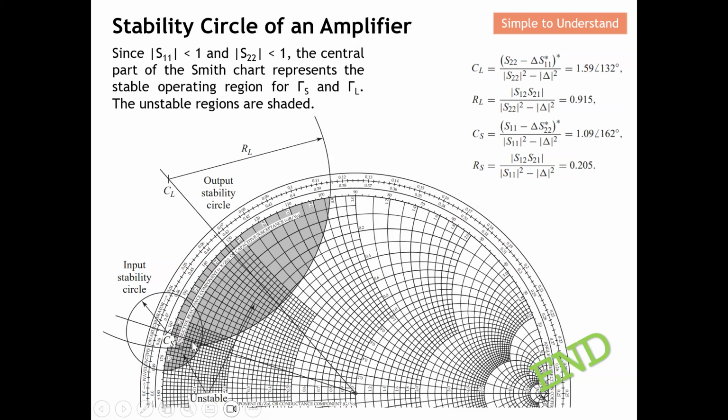So this zone will be unstable for the output stability circle. As for the input stability circle, again, this part here where you draw will be unstable. So I make use of the stability circle to determine which part is stable, which part is not stable.